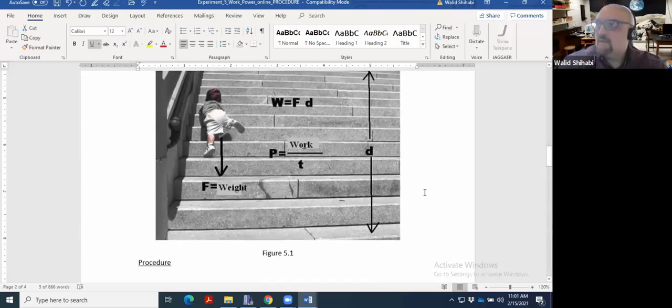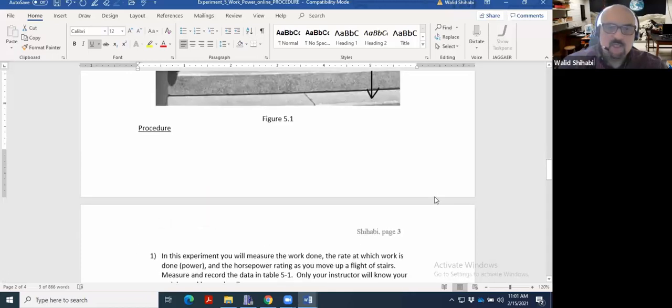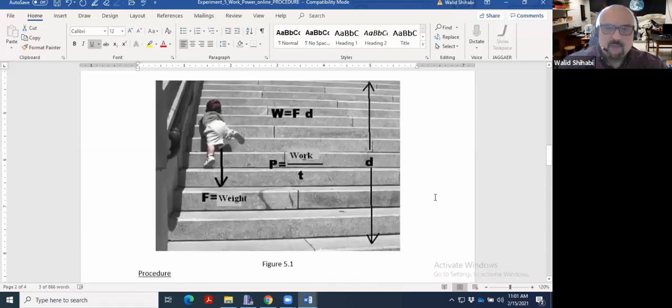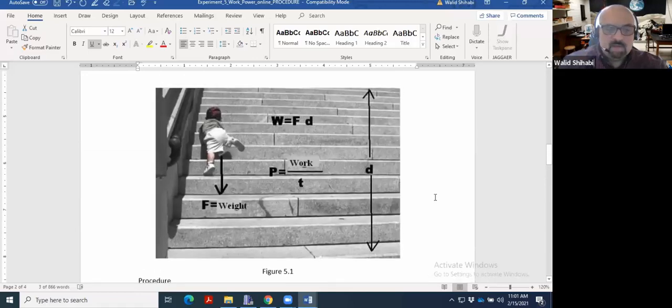TCC Southeast Campus has several staircases, stairwells you can use. Okay, and if you cannot drive right now, I mean, hopefully the temperature will go down according to the forecast by the weekend.